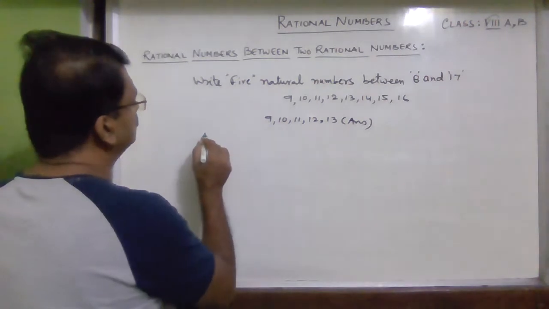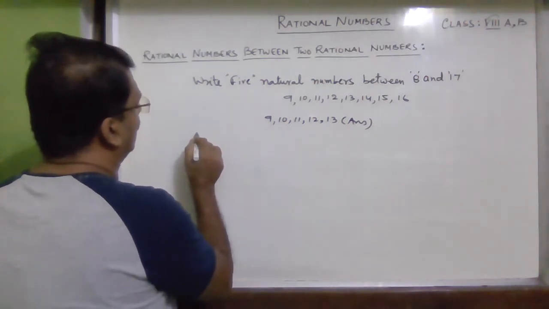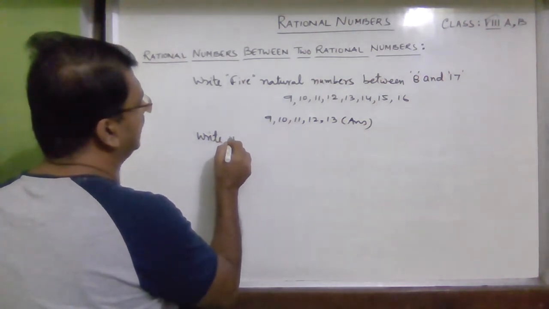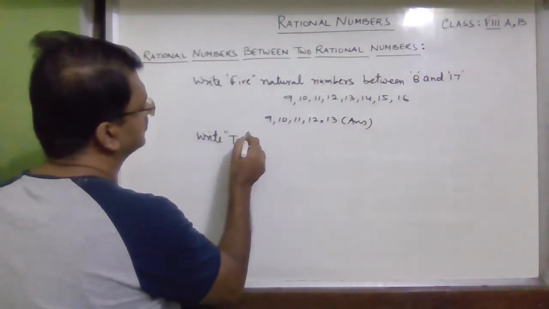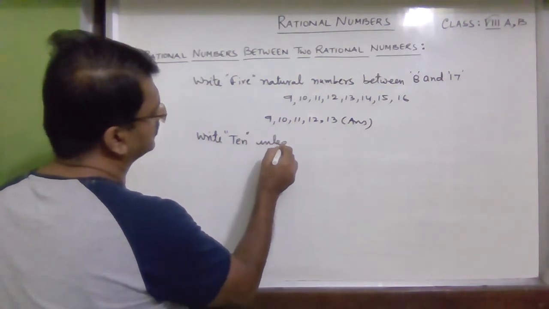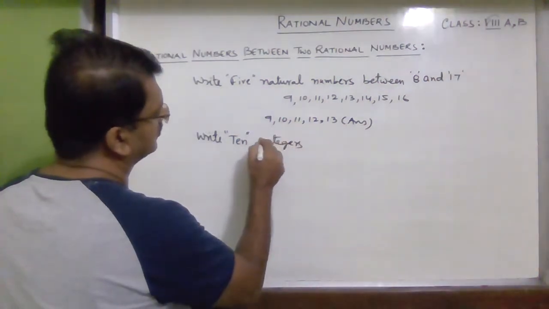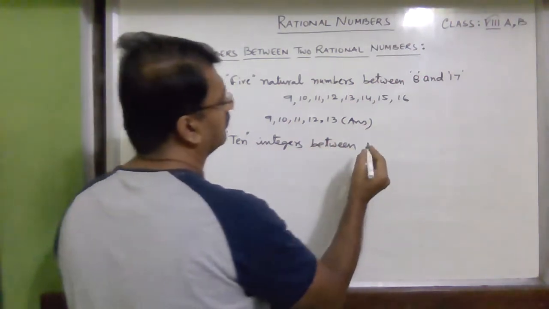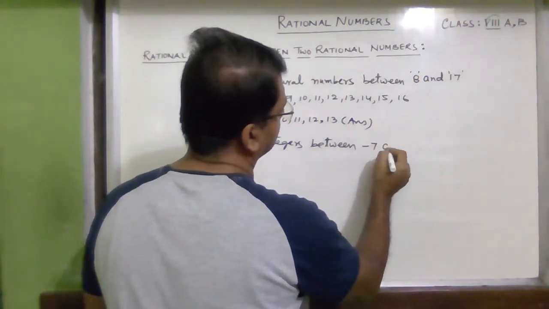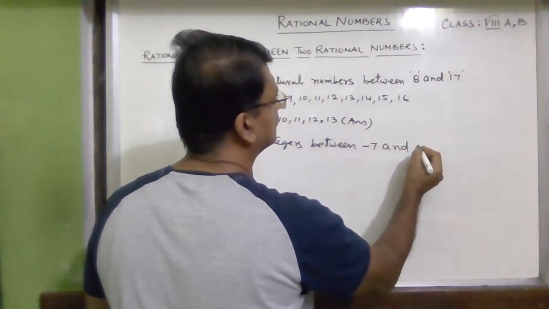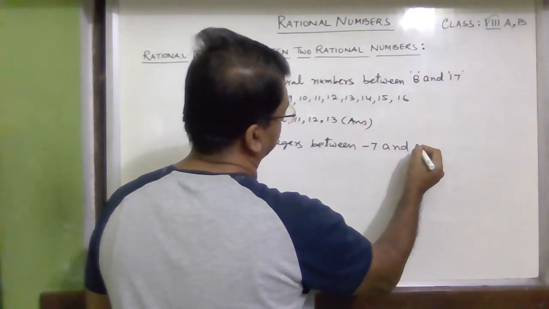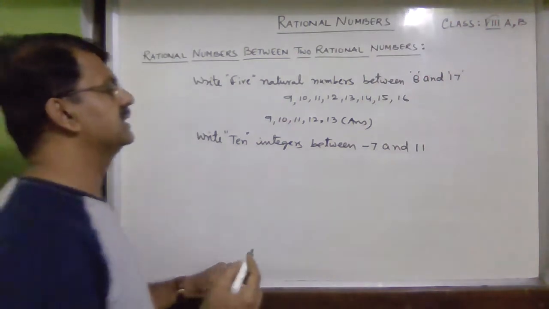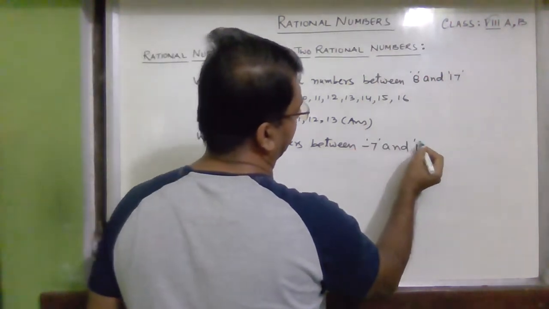Now write 10 integers between -7 and 11.